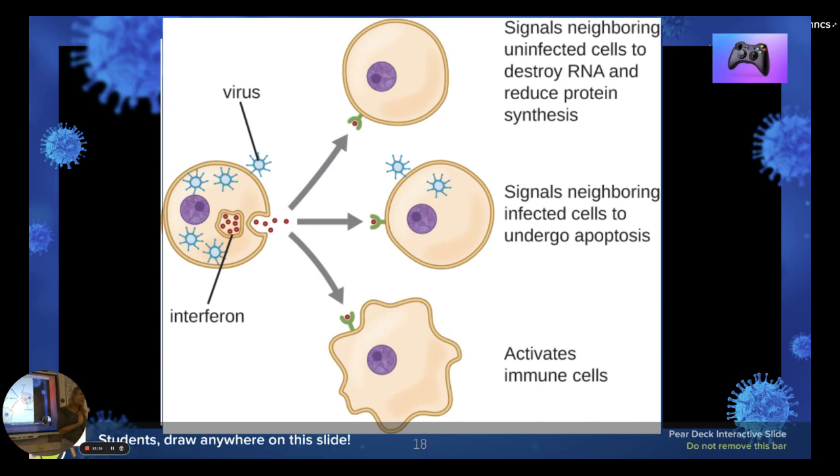This is if you are infected and you're trying to warn others, and you get neighboring cells to destroy all their RNA and just put a halt on all protein synthesis on the ribosomes, because you could be manufacturing viruses. So it's best not to do any protein synthesis. Or maybe you're infected, so you should just commit apoptosis if you're next to me. Or it could activate and stimulate other immune cells to fight.